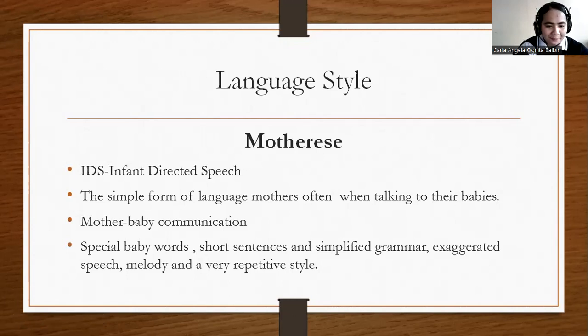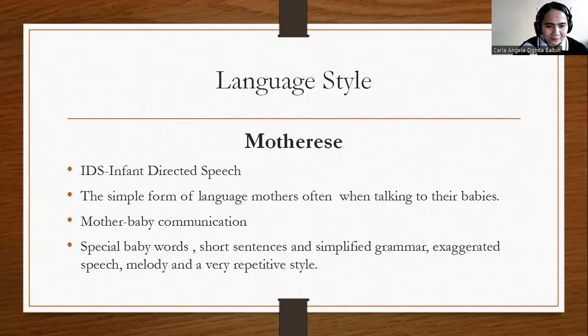In research, it's called IDS, or Infant Directed Speech. It's the simple form of language mothers often use when talking to their babies. That's why it's called mother-baby communication, because it's just between the mother or the caregiver and the baby.